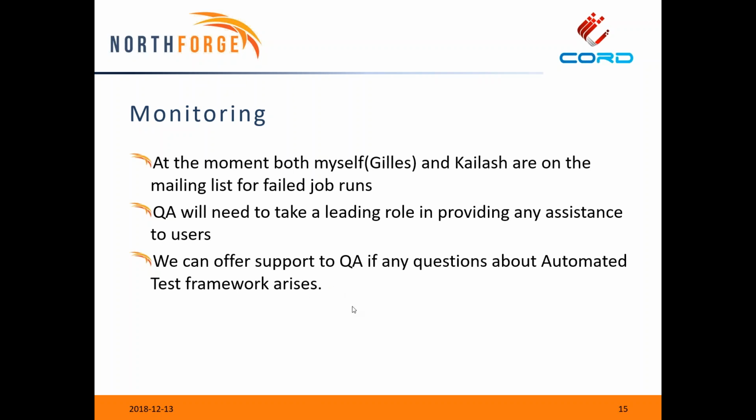My question is for the whole group: can we have a process in place? For example, somebody needs to create a Jira ticket and assign it to the owner of the commit that caused the problem.